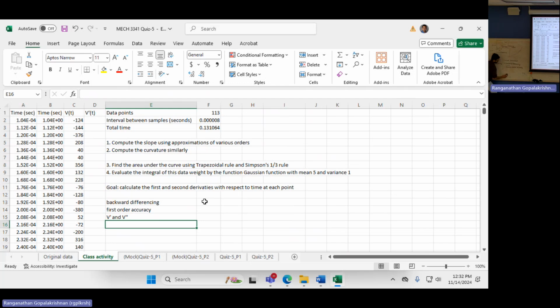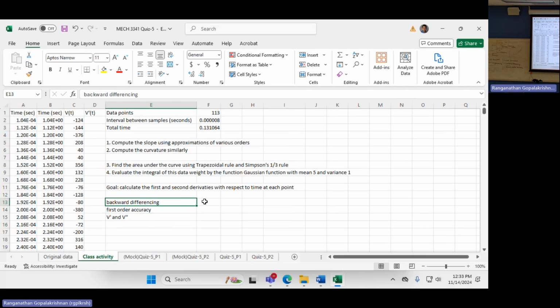What is the formula? v dashed of ti is v of ti minus v of ti minus 1 divided by delta t. One step back, right?